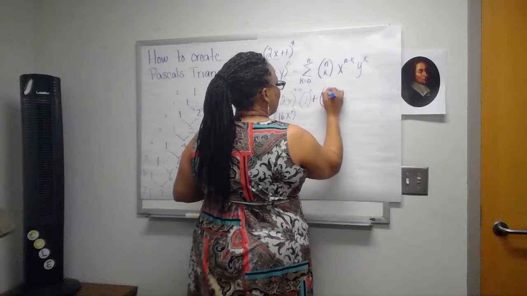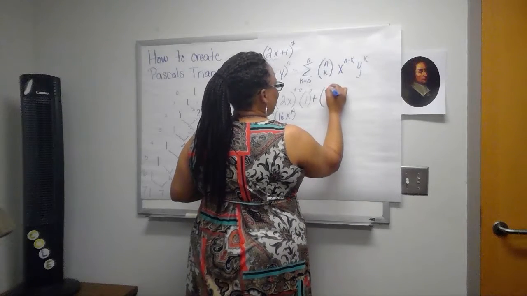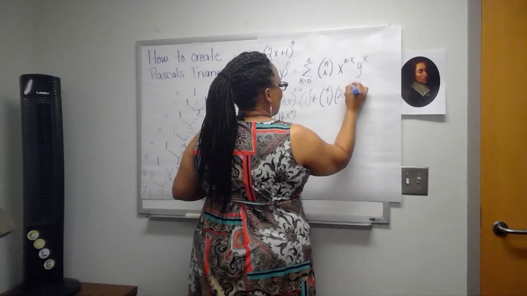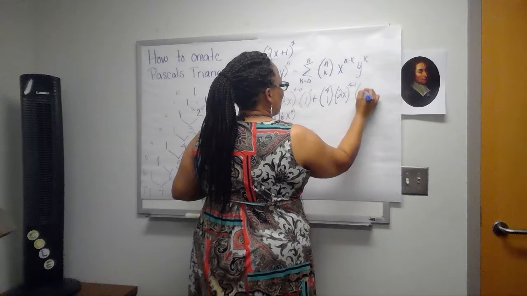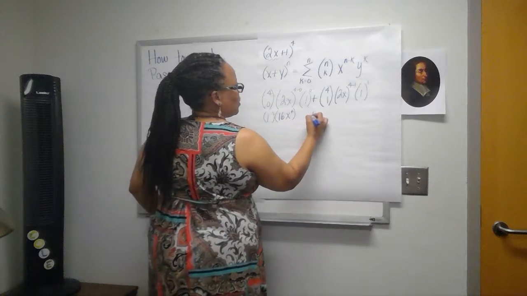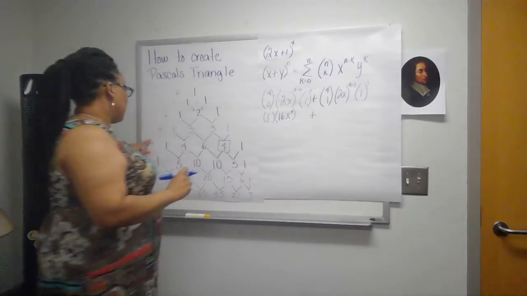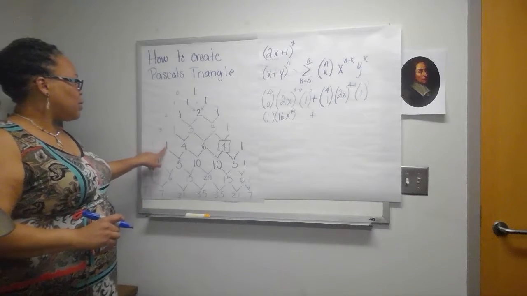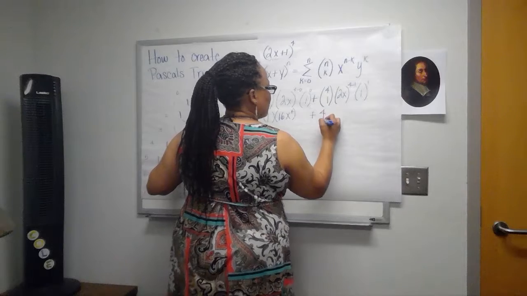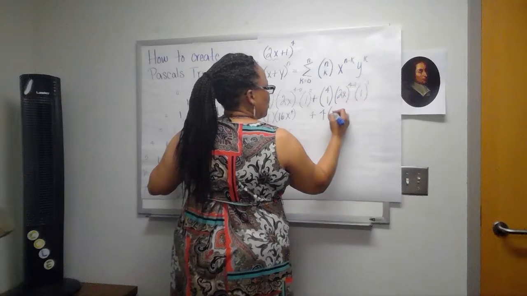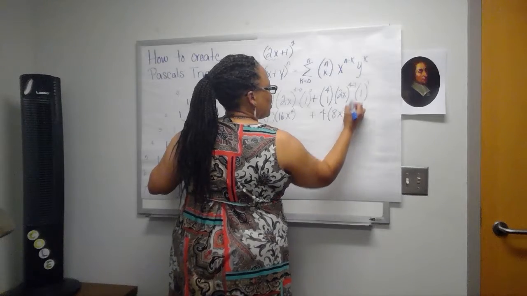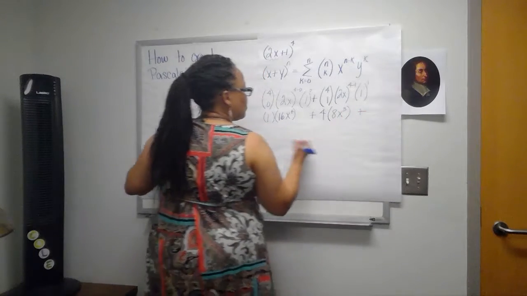So now we do 4 choose 1, 2x to the 4 minus 1, 1 to the 1. We will go to row 4. Remember that's 0 and that's 1. 2 to the 3rd is 8x to the 3rd times just your 1.